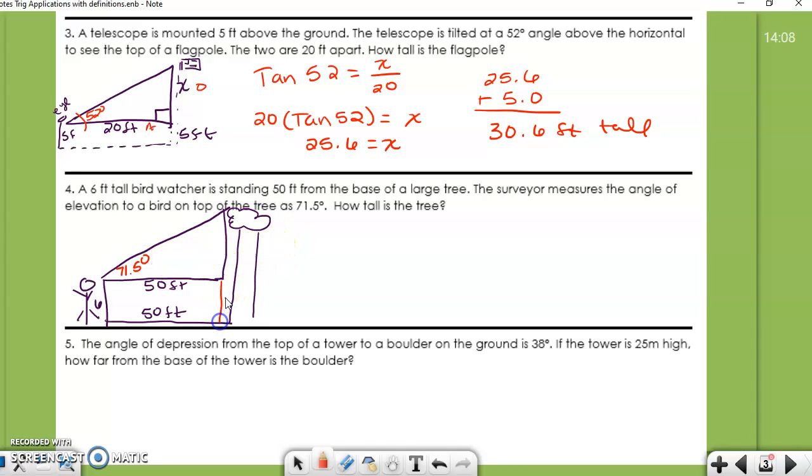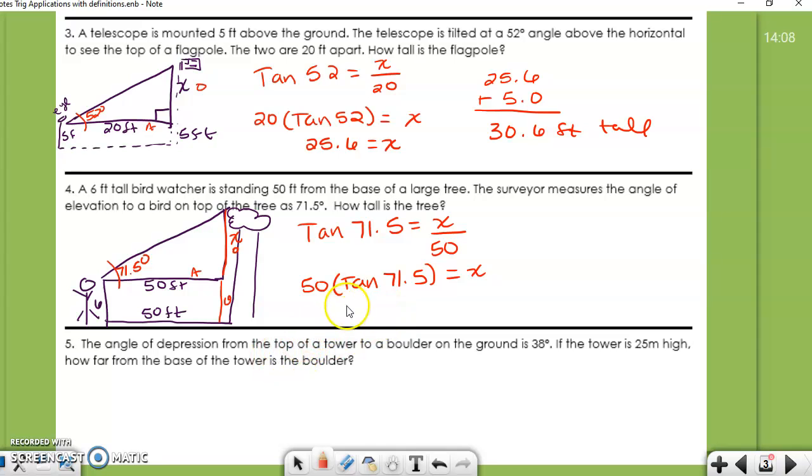We've got the 6 feet here, and this is our unknown distance from here to here. So this is going to be angle of interest, opposite and adjacent. So once again, tan 71.5 is opposite over adjacent. 50 times tan 71.5 would equal our x value.